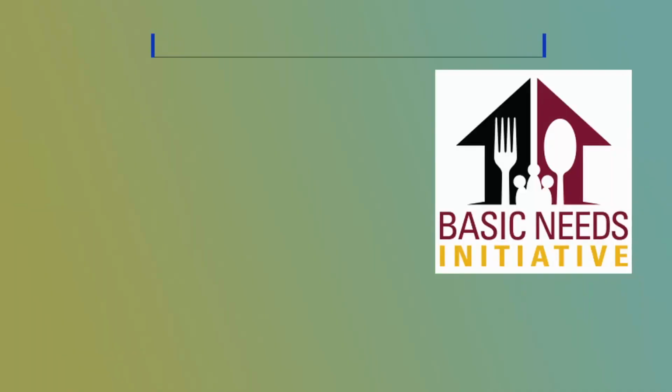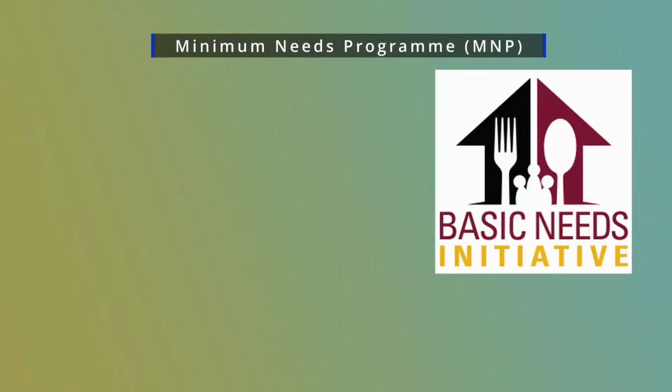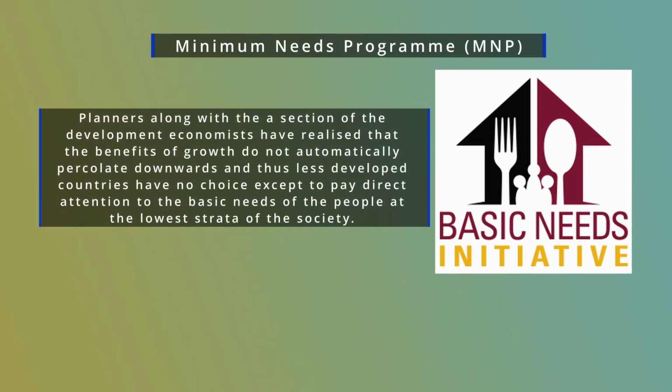Now, the Minimum Needs Program. It is a special type of program that is able to provide some minimum facilities to households. Planners, along with a section of development economists, have realized that the benefits of growth do not automatically percolate downwards, and less developed countries have no choice other than to pay direct attention to the basic needs of the people at the lowest strata of society.